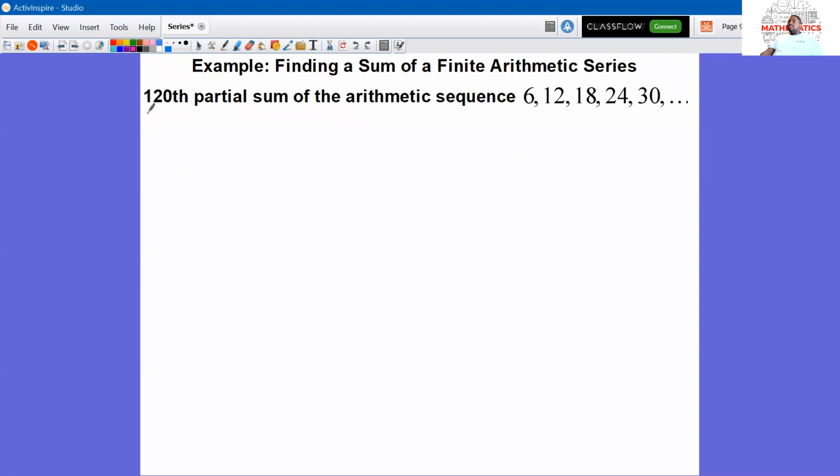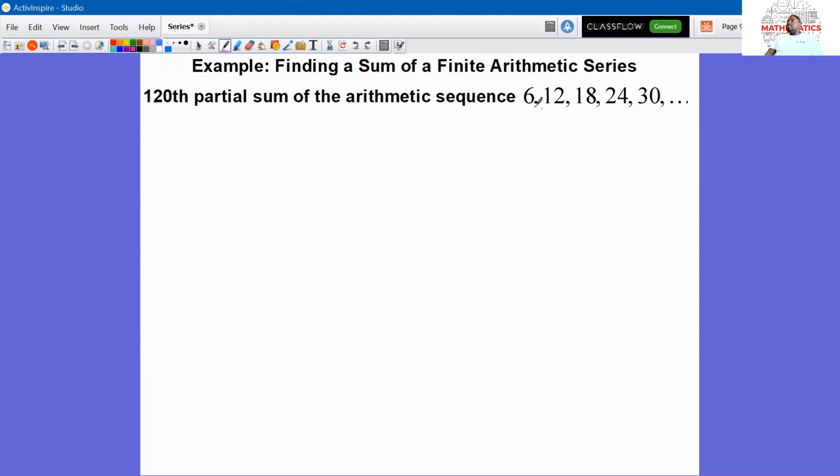This one wanted us to compute the 120th partial sum of the arithmetic sequence 6, 12, 18, 24, 30. The first thing I would want to do is find the 120th term, because it's not obvious here. So let's find the nth term first.